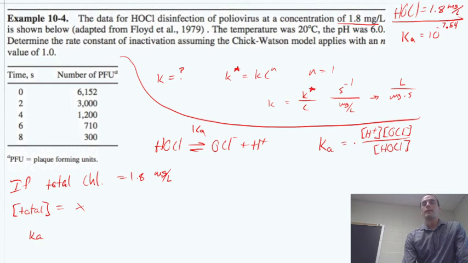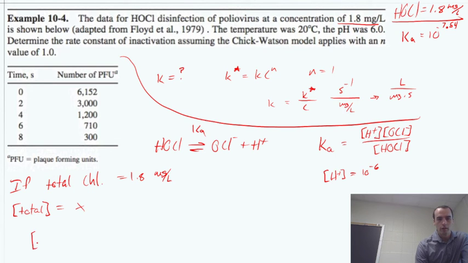Right? So the 10 to the minus 6 goes there. Okay, with that, we could convert from this 1.8 milligrams per liter to a moles per liter of total, and then we can get a moles per liter of HOCl using the Ka equation.